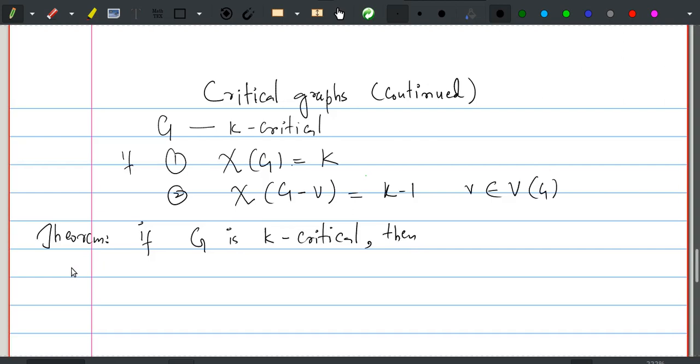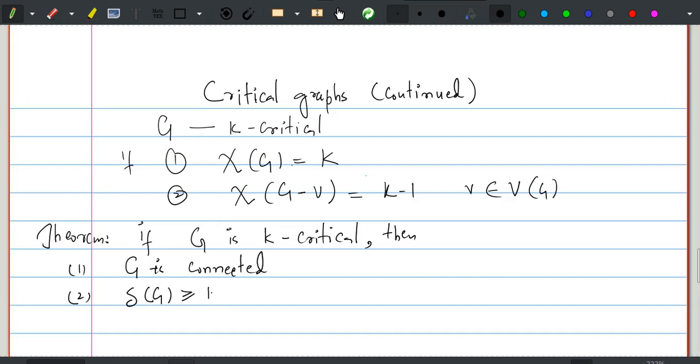First item: G is connected. Second item: the minimum degree of G, denoted by delta of G, is at least k minus 1.